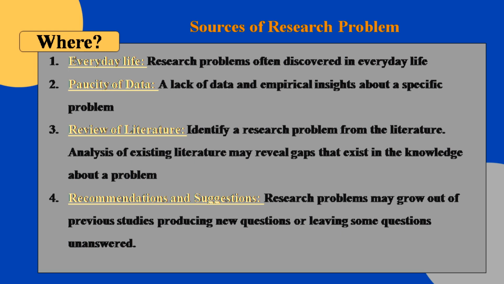Another source of identifying a research problem is paucity of data. Sometimes you encounter a scenario in which you are not able to find detailed information. For example, there is the issue of mobile penetration and internet penetration. There is a huge amount of mobile penetration and a substantial amount of internet penetration, but the gap is huge: 65% internet penetration in India as of 2021-22, and 93% mobile penetration.